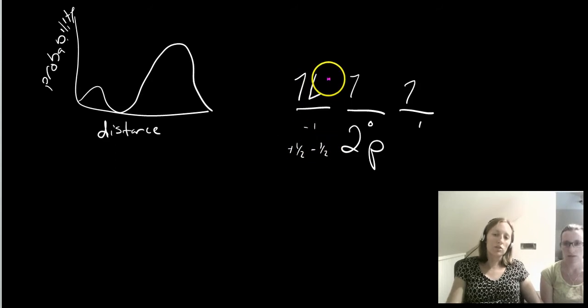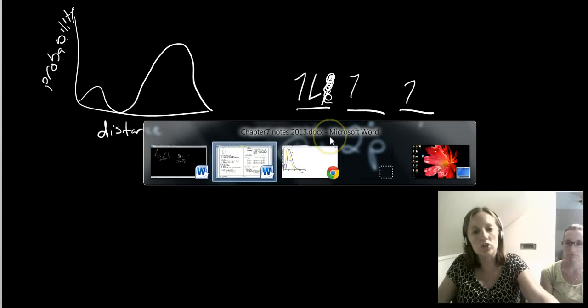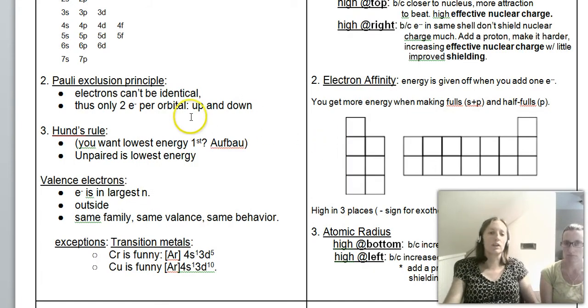But if you stuck another one in there, then it would have the +1/2, the -1, the 2, and the 1. So you can only fit 2 in an orbital because you've only got 2 options. So it excludes other things. So Aufbau, you've got to build from the lowest energy up. Pauli exclusion, you can only fit 2 electrons in one orbital.